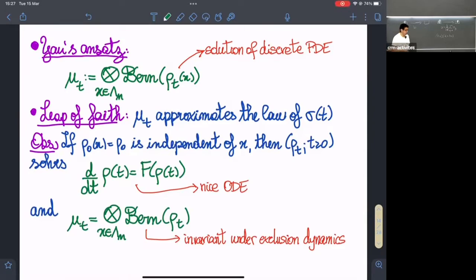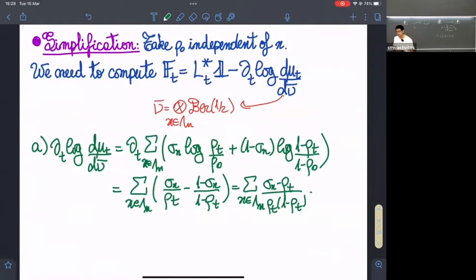And so the plan now is to apply this Young inequality, this relative entropy method, for this model with these particular reference measures. Later on, if we have time, we can discuss the case in which you start with something which is not uniform in space. Okay, so let's do that simplification.